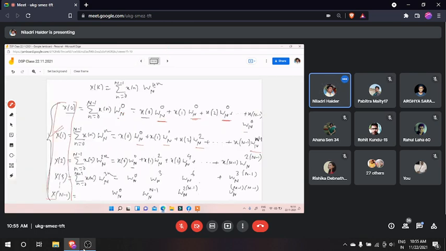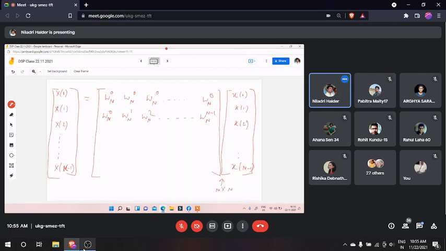You can check it. Similarly for 2: 0, 2, 4, in that way the power is changing. So for 2 it will be WN0, WN2, WN4, last value will be WN of 2 into n-1.